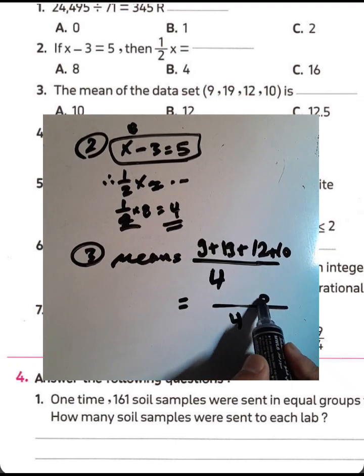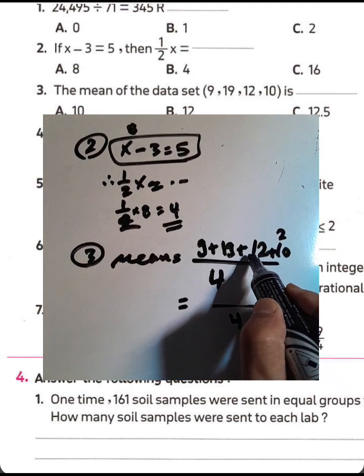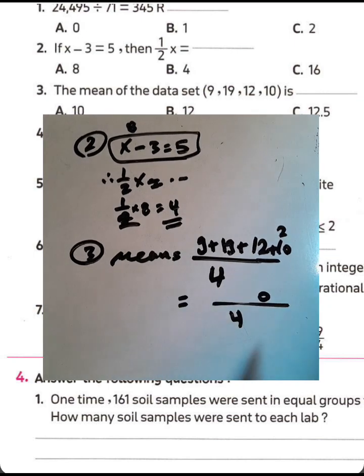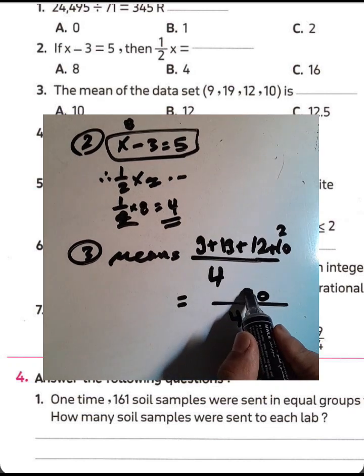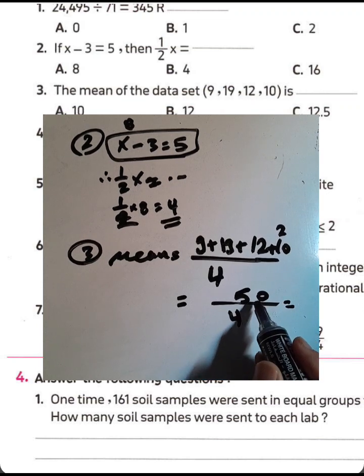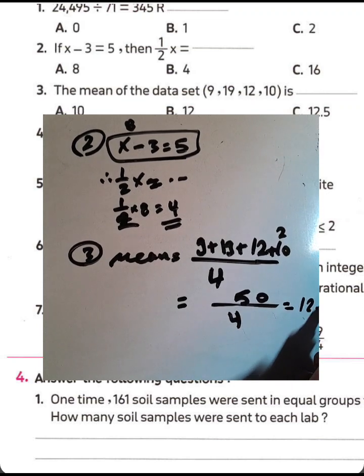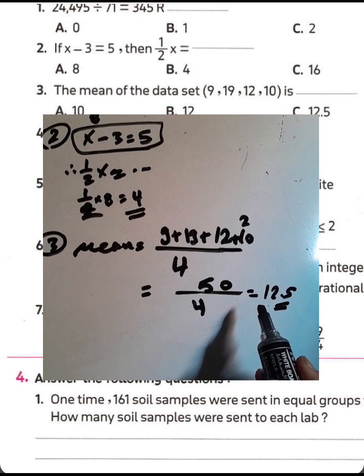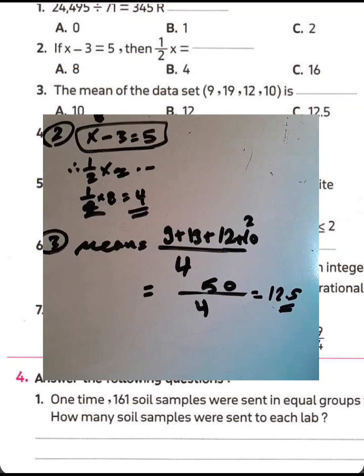Write 0 and carry 2. 2 plus 1 is 3, plus 1 equal 4. 4 plus 1 equal 5. The result will be 50 over 4. 50 divided by 4, 25 divided by 2 equal 12.5. The result will be letter C about question number 3.